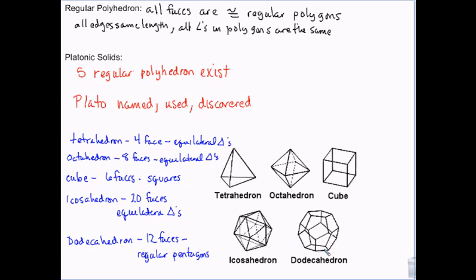Dodecahedron is kind of similar to a soccer ball in look. A soccer ball is not a dodecahedron. It has more of the shapes in that, and they're curved, so it's not even a polygon, but it sort of looks like that.